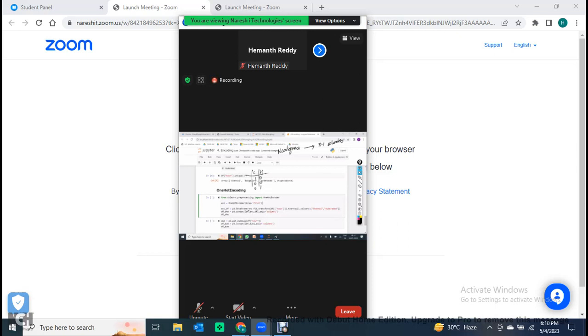enc dot, what I told you yesterday. For anything, first we have to import from sklearn.preprocessing, import OneHotEncoder. After that, OneHotEncoder with drop equal to first. Generally, if you are working with sklearn, what are the steps? First one is import from sklearn whatever function you want.